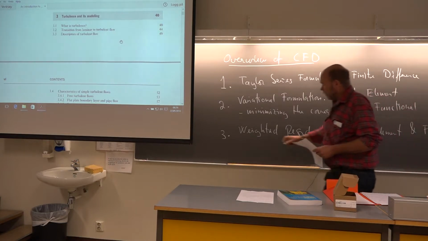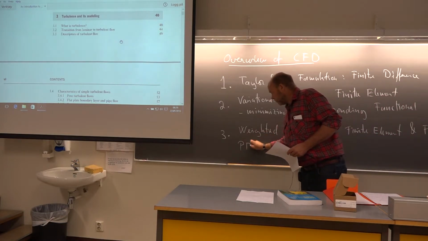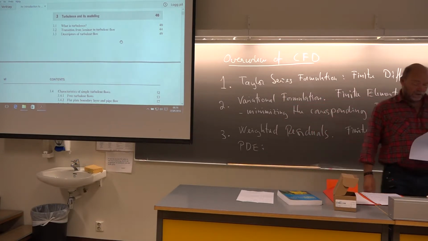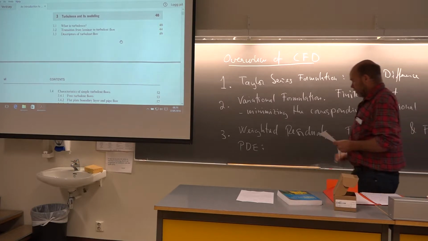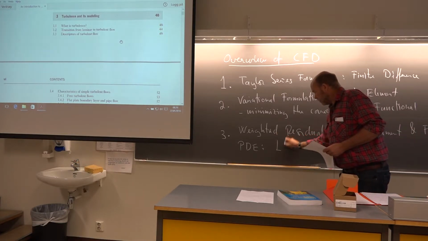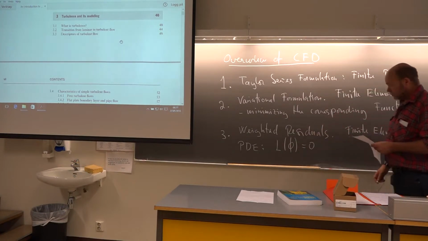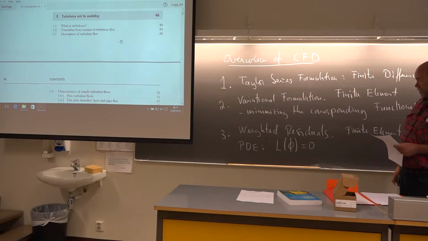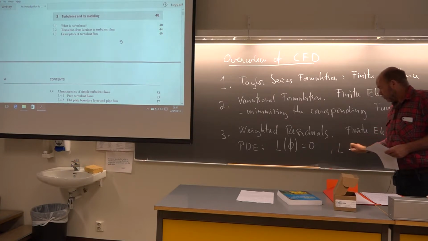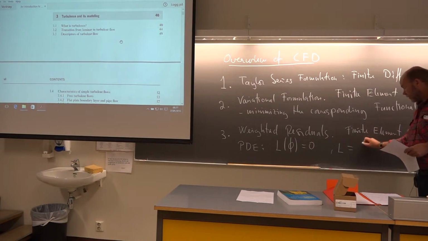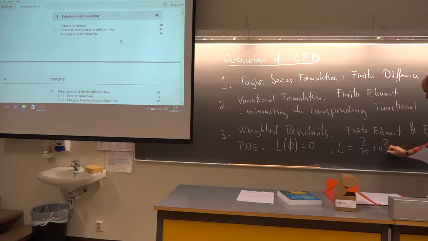So you have your PDE, partial differential equation, one or several, and now I'll just write them on the form L of an unknown phi equal to 0. So this is a PDE. This L will now be a partial operator. So it would be things like d/dt plus velocity d/dx, yada yada yada.